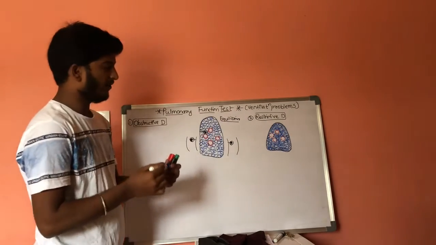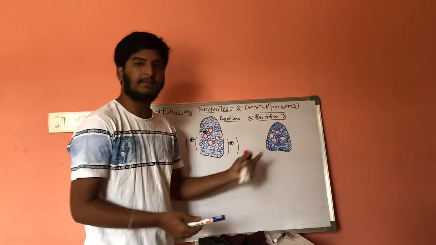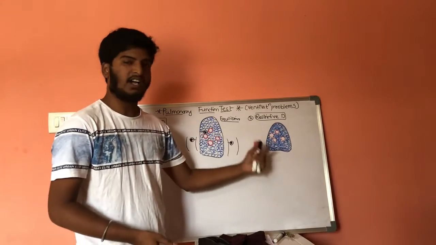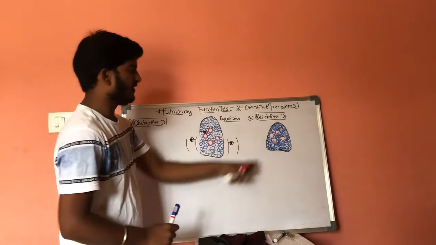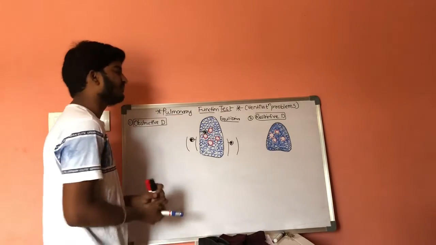Ultimately, the density of these parenchymal cells, fibrin or alveoli will increase, and the size of the lung will decrease in case of restrictive disorders.